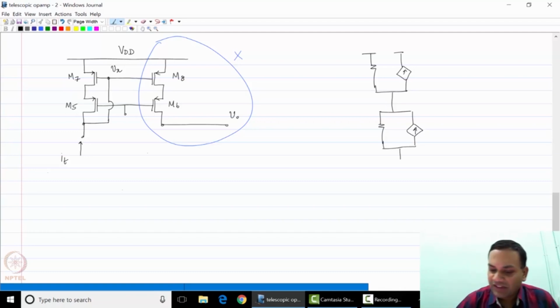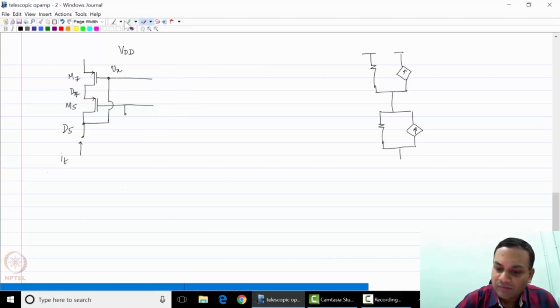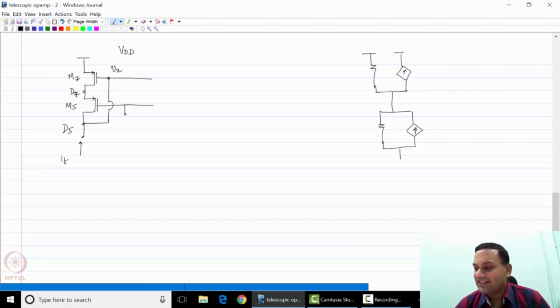And let us mark the nodes. So this is drain 5, this is drain 7. I can now remove this portion of the circuit with nothing in the circuit being affected. So let us do that. So I'm going to call this node D5, this node D7.